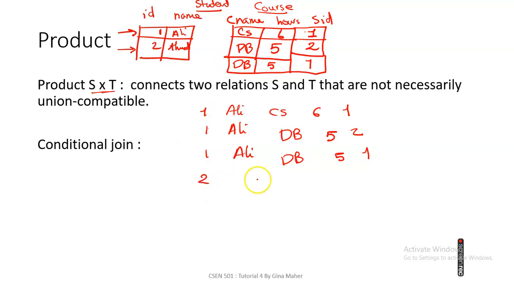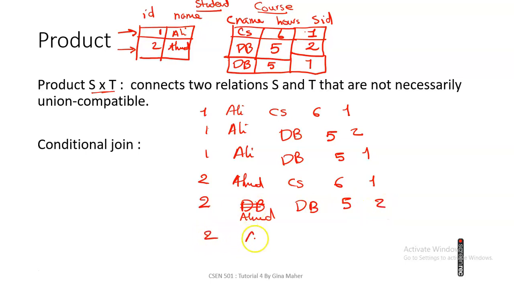So it will be 2 Ahmed CS 6 1, 2 Ahmed DB 5 2, 2 Ahmed DB 5 1.